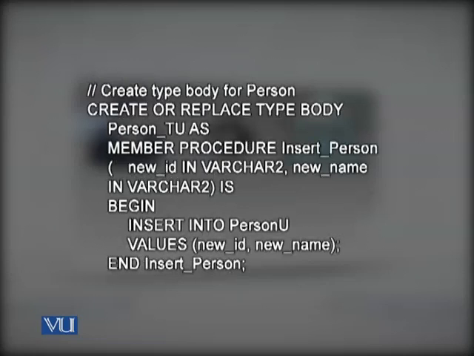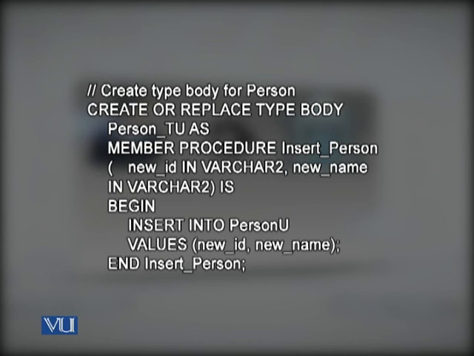After that, we are defining the type body for the person, and as we have discussed before, the objective of the type body is to define the body of the member procedures. Here you can see that we say create or replace type body person underscore TU. This is the name of the type that we just defined.